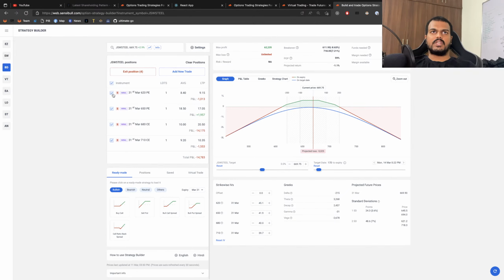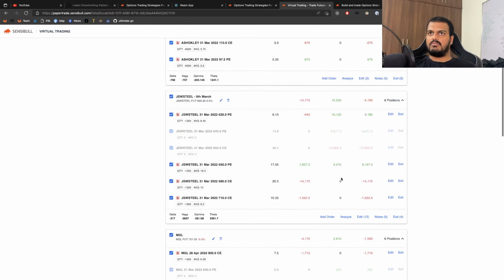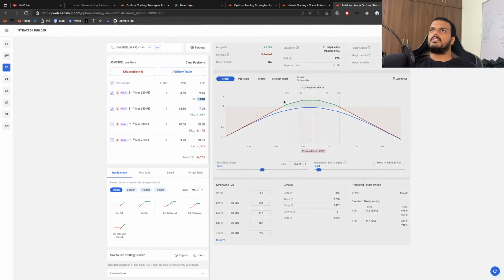The last thing I did was sell the 620 put, which is basically managing the position. The market was then a little down, but let's not care because ups and downs are common. An option seller has to be more patient, so I am trying to be more patient, but there are a lot of adjustments going on here, and I have updated most of them. So yeah, this is fine.